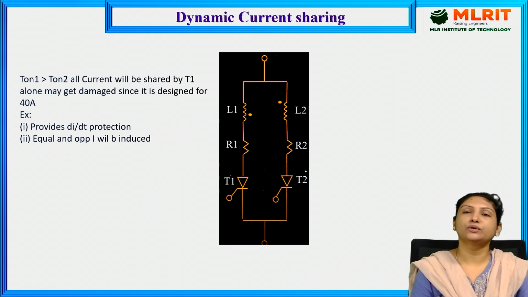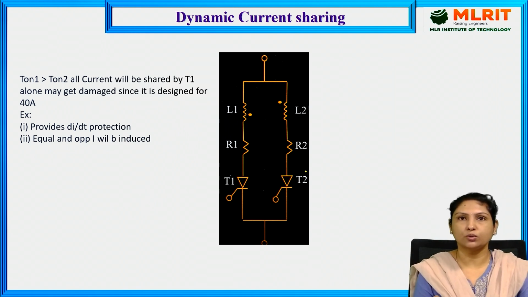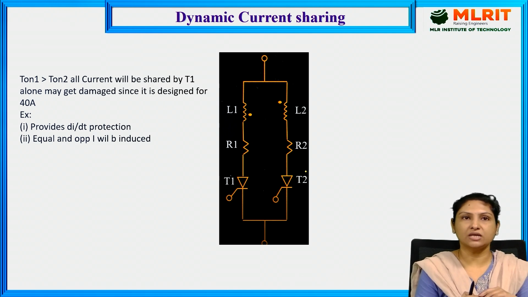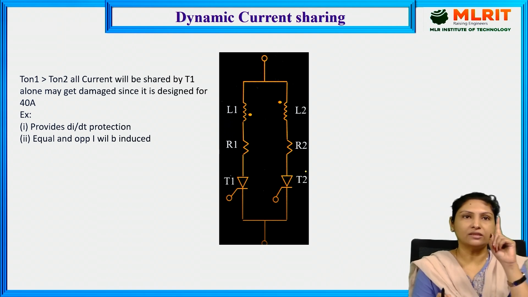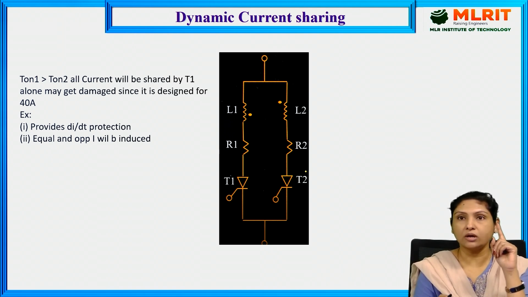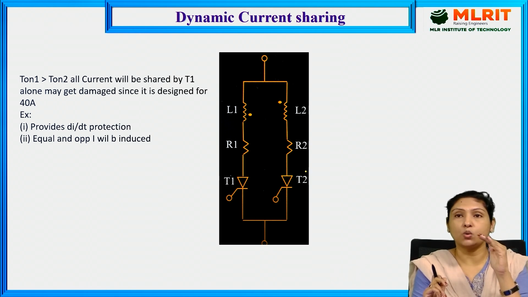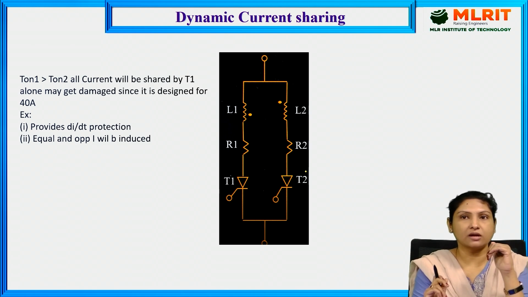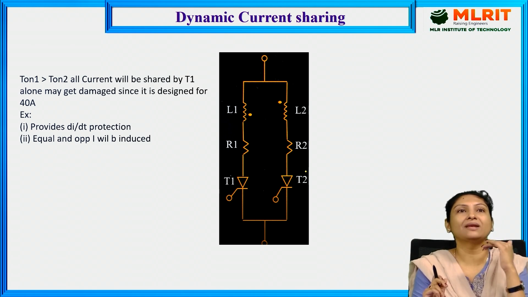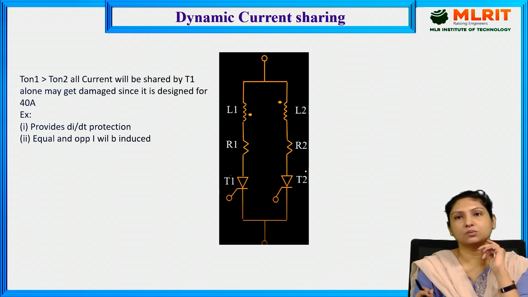Even during turn-off, as I already told you, the turn-off time of each SCR will be different. Say n SCRs are connected in a string, and thyristor 1 has a turn-off time which is turning off late compared to the other n-1 SCRs. In that case, the high voltage, that is the whole voltage of the string, will appear across this thyristor 1, which is turning off late compared to the other n-1 SCRs.